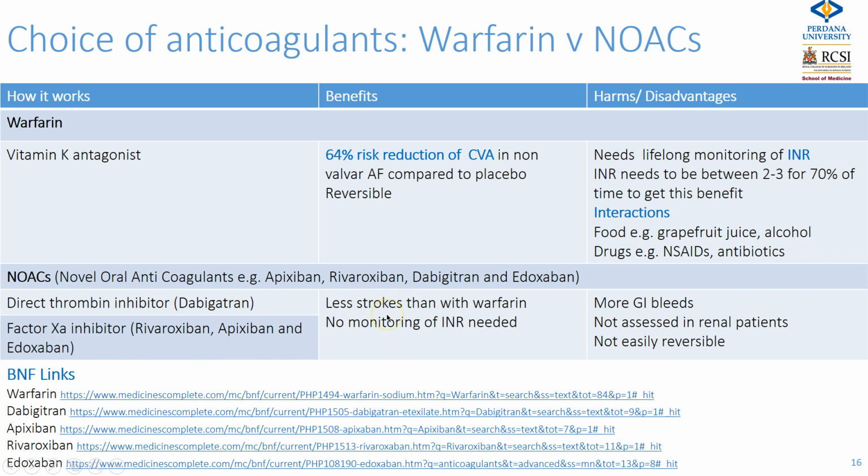They have fewer strokes than with warfarin, and the advantage also is there's no monitoring of INR. However, there may be more GI bleeding from the trials that have been published. They haven't been assessed in patients with renal impairment, and more importantly, they're not easily reversible.